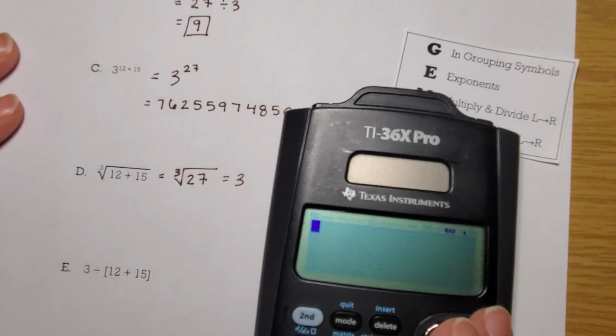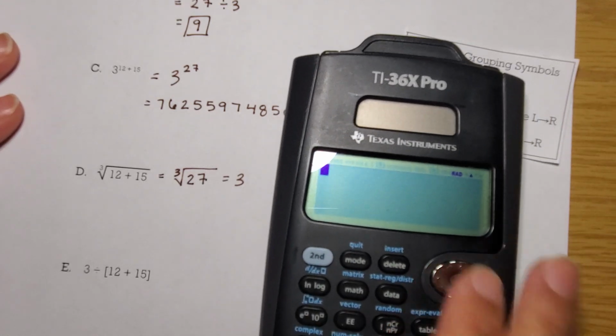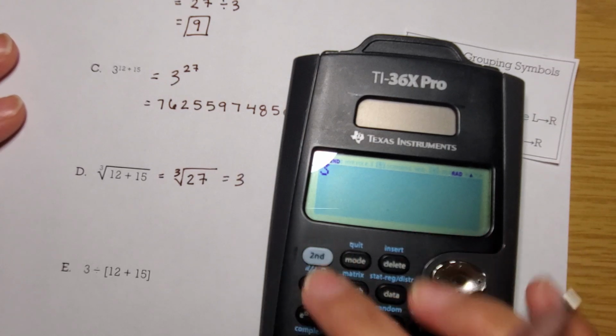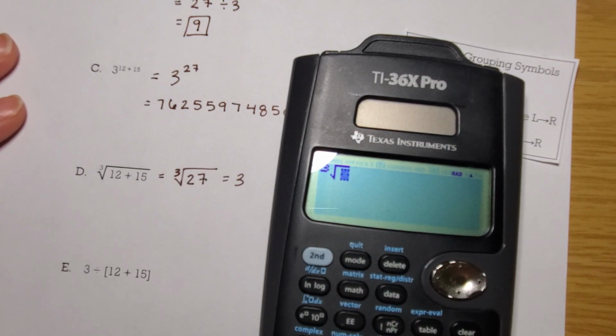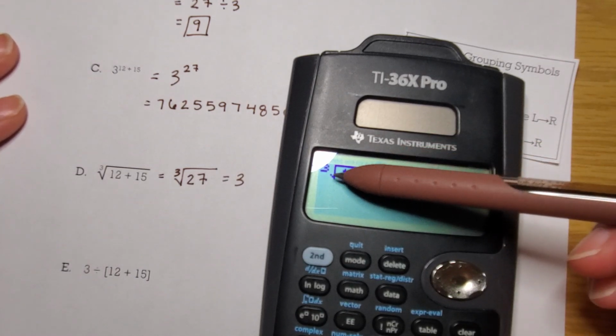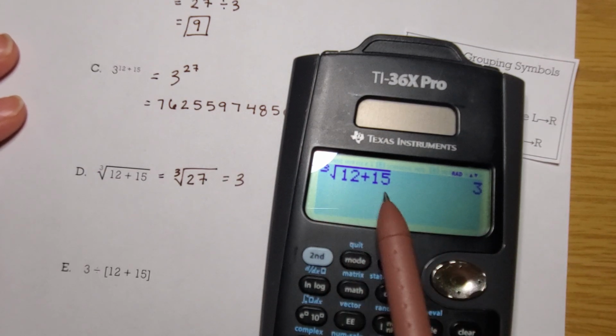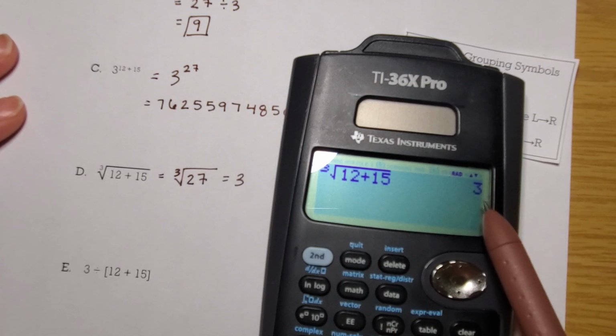I think all my calculators are going to choose not to break this for me, but let's do a check. So I'm going to type in the cubed root of 12 plus 15. And notice this calculator put all of that underneath the radical for us. So this calculator is already setting up that grouping. And we get what I had gotten, a 3.